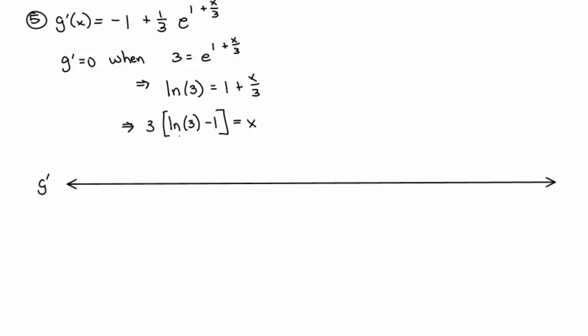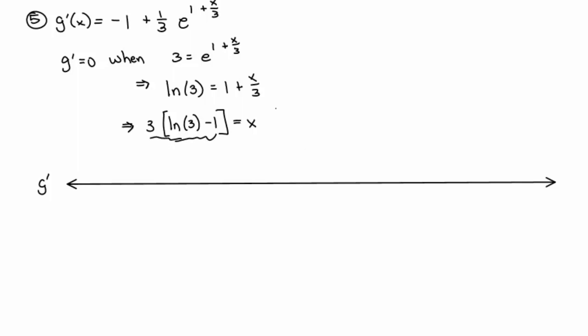Now, just to remind ourselves, natural log of 3 is greater than the natural log of e. Natural log of e is 1. So the natural log of 3 is slightly larger than 1. So therefore, this value is slightly larger than 0, which means that this entire value is also slightly larger than 0.